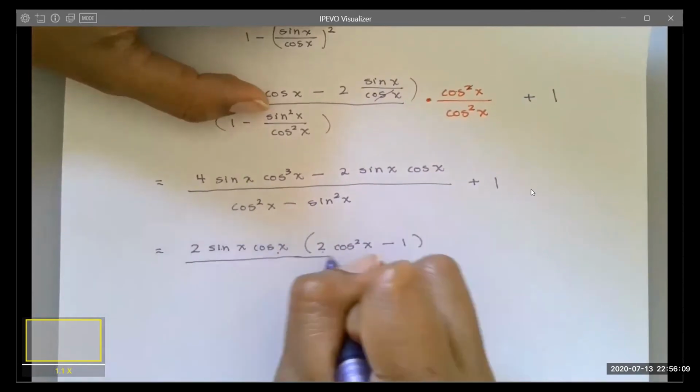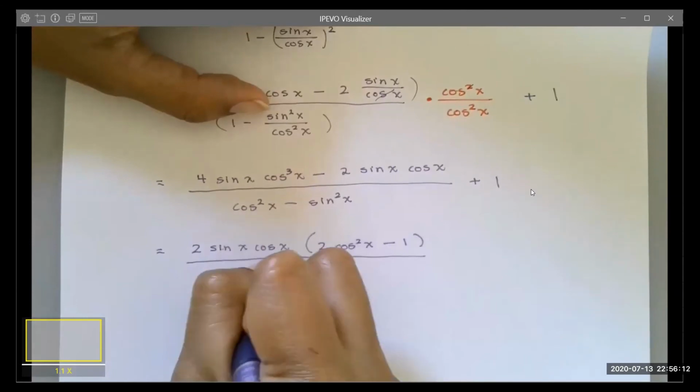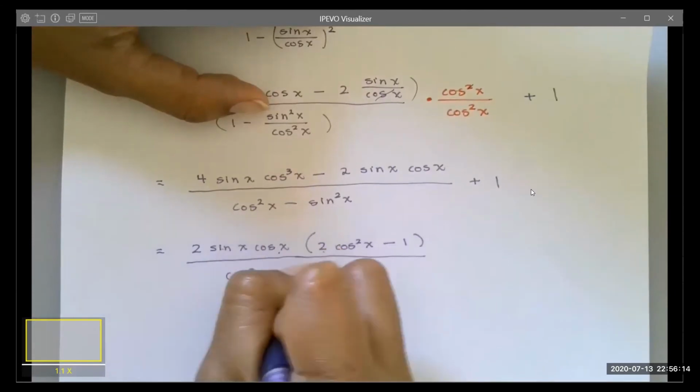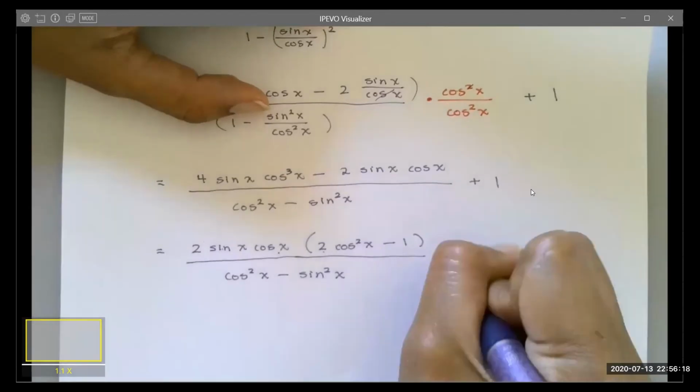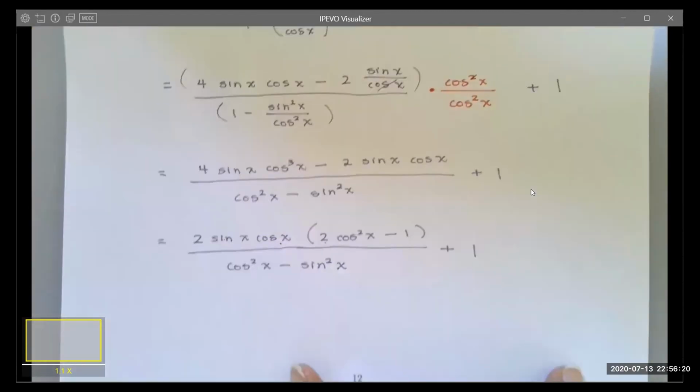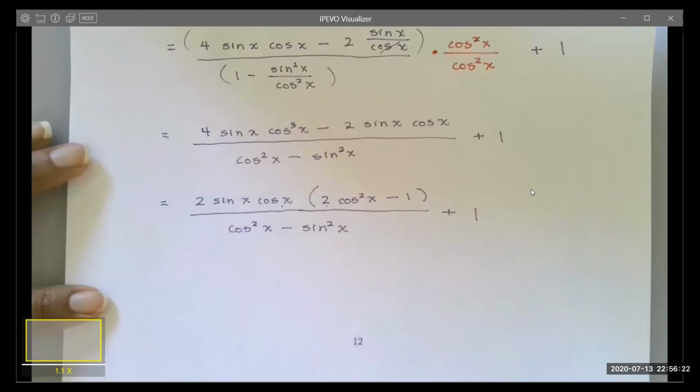Okay, we have over cosine squared x minus sine squared x plus 1. This is the part where I'll stop, and I will give you guys a hint as to how to proceed.